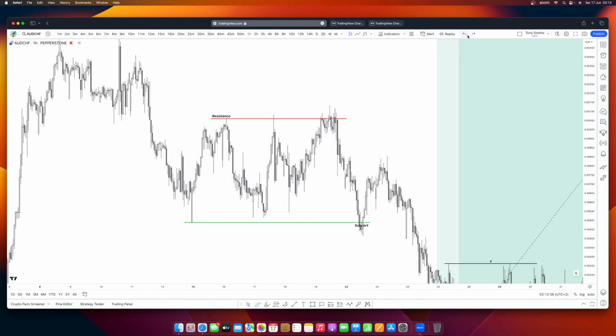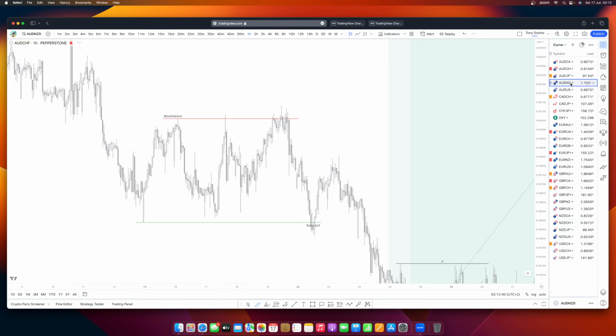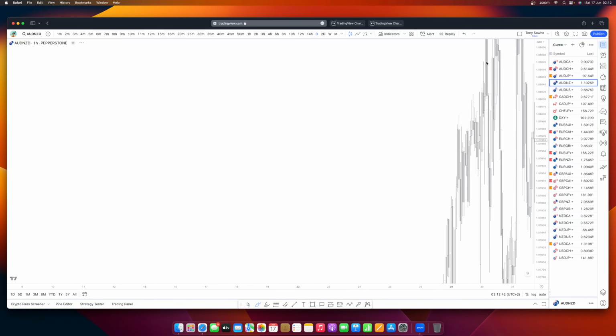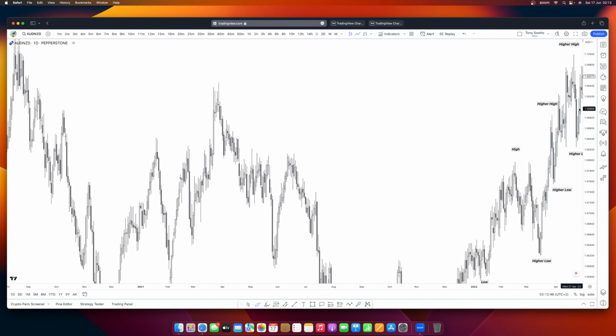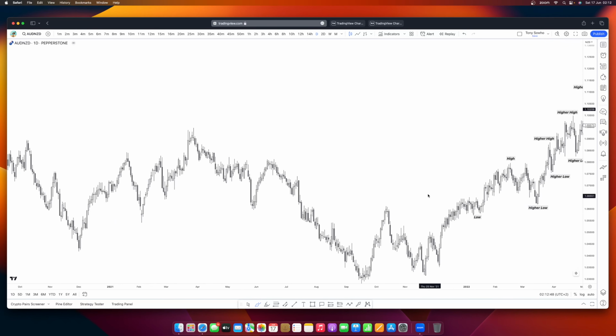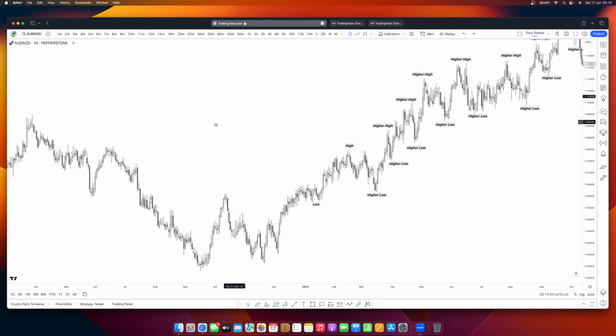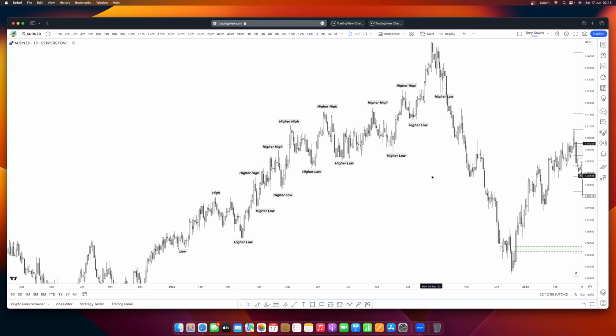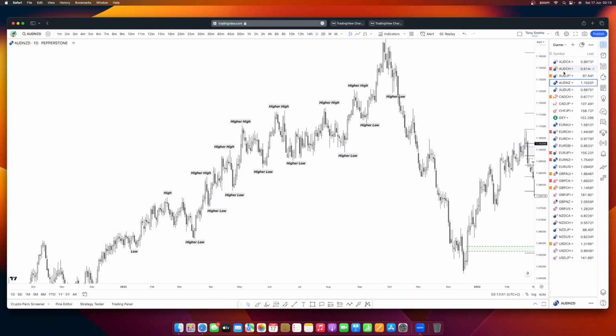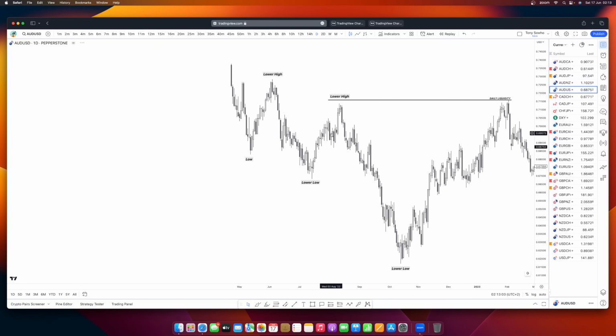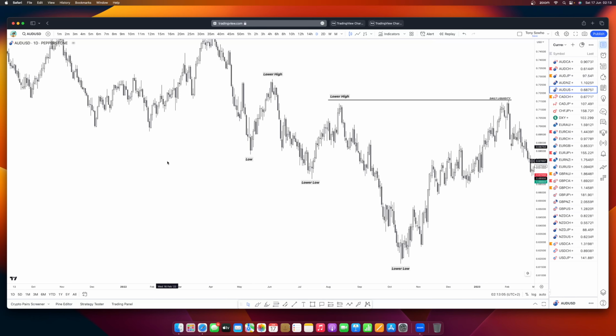So now for breaker structure, let's head back to AUD NZD on the daily time frame. Oh no, not AUD NZD, I think it's AUD USD. Was it?